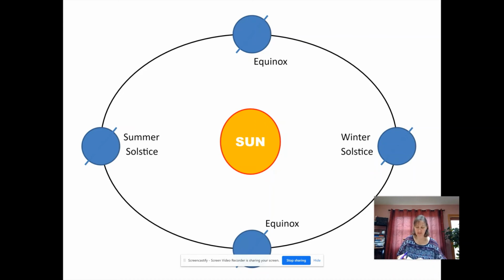Okay. So right now, this is what our notebook should look like. And I'm going to move on. Again, I did not include the word solstice or equinox, but I do have videos from Brain Pop to help you. So, that's a new word, vernal. Well, guess what? That means spring.